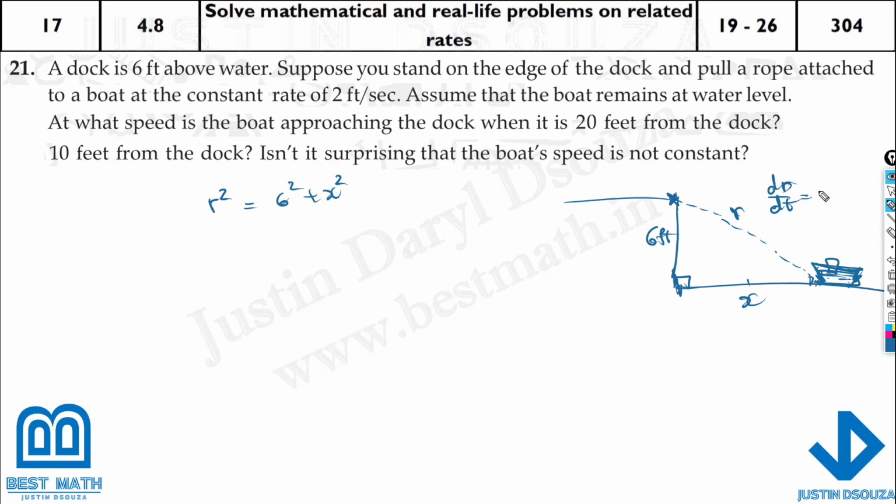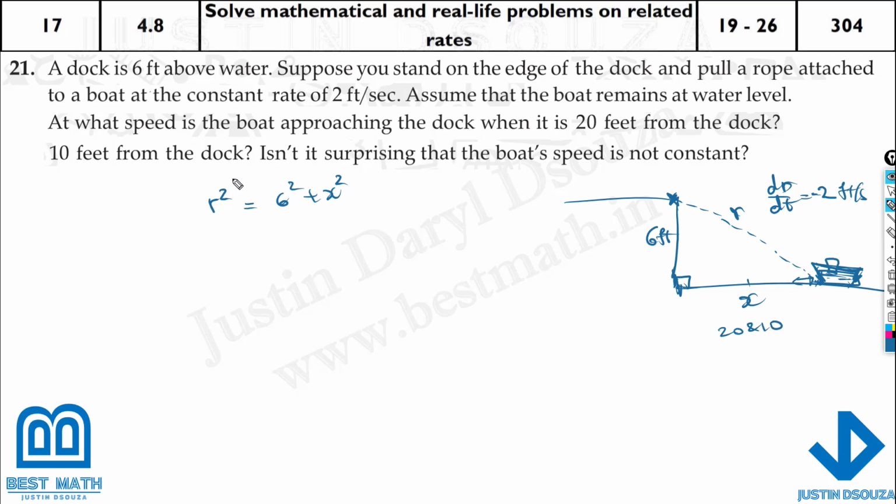That is given as 2, but it's coming towards the left side, so it's minus 2 feet per second. And they have also given us the x values: x is equal to 20 and 10.